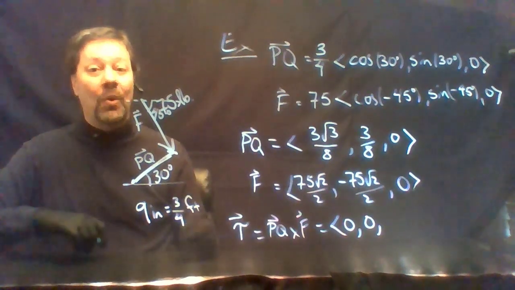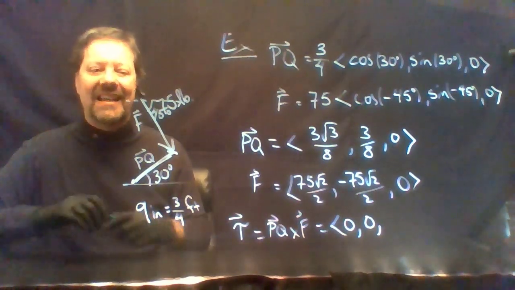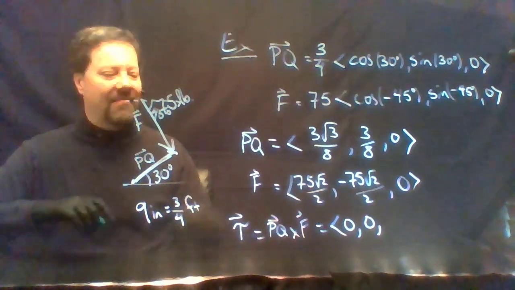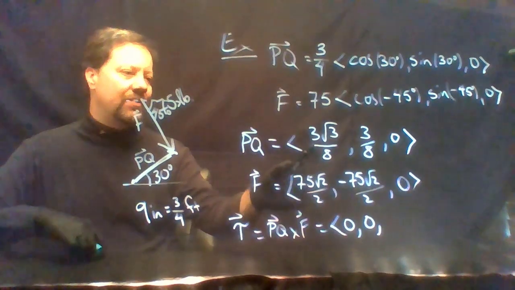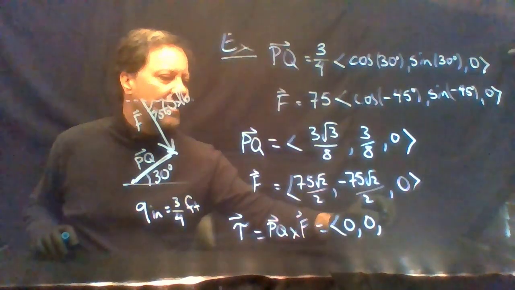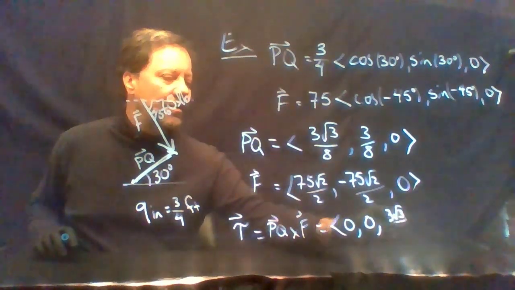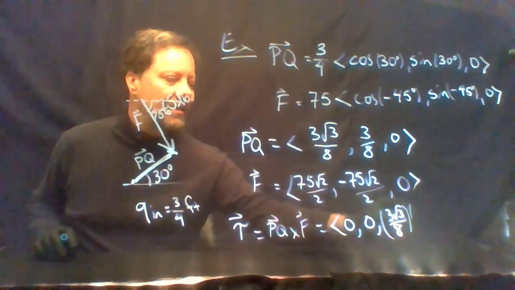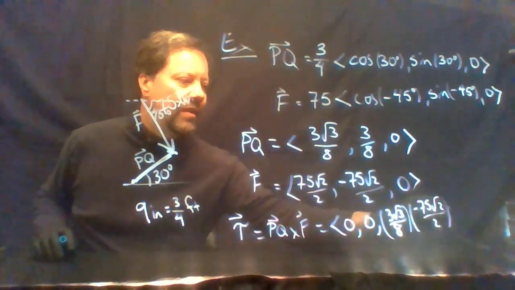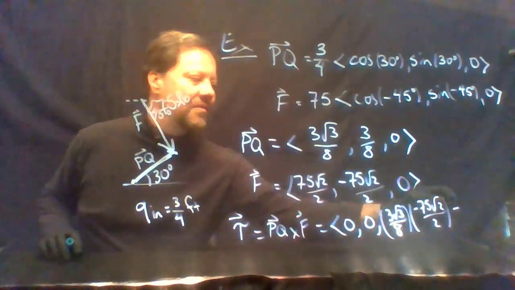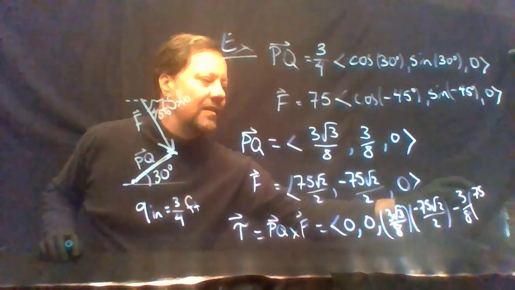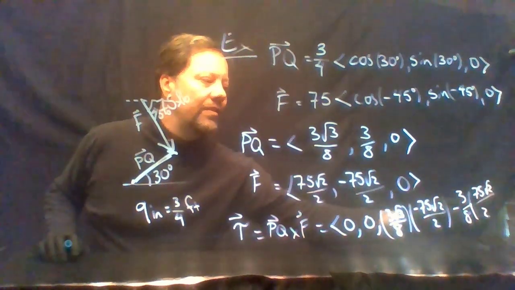It has to have only a z coordinate because it has to lie perpendicular to the plane containing PQ and F. And then the last coordinate is going to be, let's see, that's kind of complicated here, 3√3/8 times negative 75 √2/2 minus 3/8 times 75 √2/2.